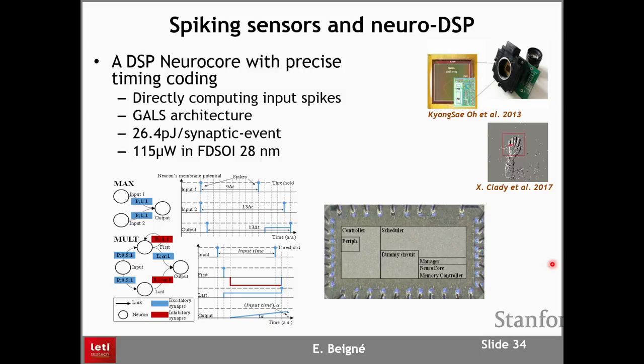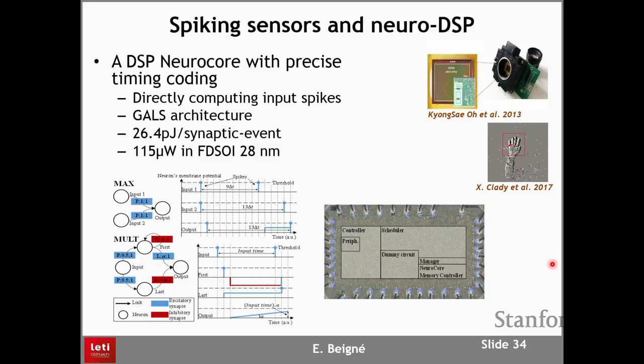And by nature, this DSP is approximate. It means that when you want to reduce the number of bits, then naturally the power scales. It means that now we can interface a sensor directly with a DSP, and this DSP is directly computing spikes.